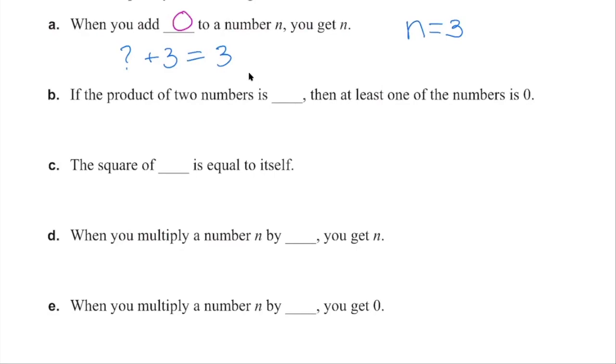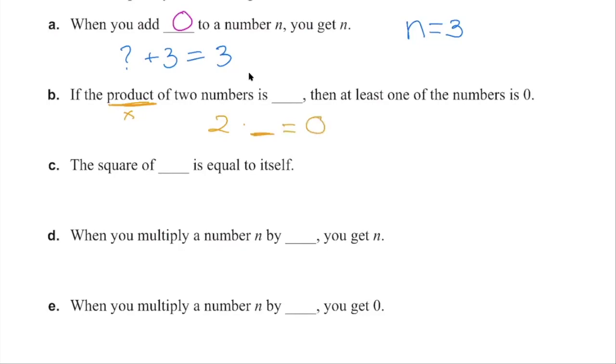If the product of two numbers is blank, then at least one of the numbers is 0. So product refers to multiplication. So we have two numbers. So we're going to just say one of the numbers is going to be 2. And I have to figure out what the second number is, and it equals 0.